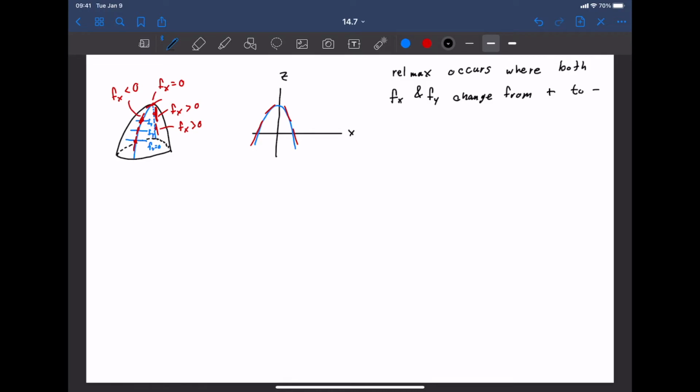Just in case you're confused about why we're saying that, if I try to tell that same story by holding the x constant, I would get a different parabola going down the sides, and then we would see the same exact change from the y derivatives going from positive to negative.